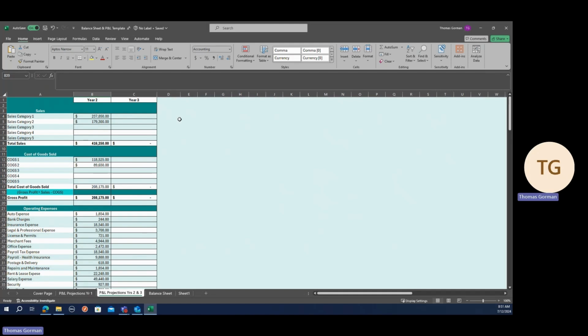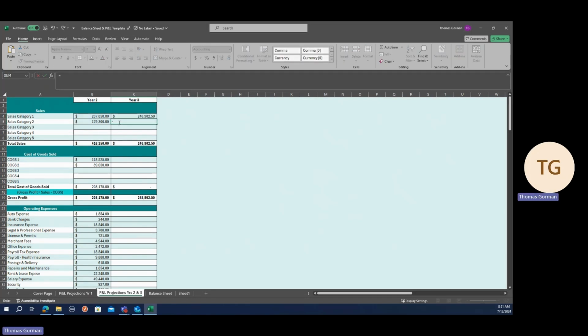Let's use a different number for year 3. Let's say our sales dip a little bit in year 3. So instead of 10% increase, let's say we've got a 5% increase. So we would go equals year 2 sales, category 1, product 1 times 1.05.